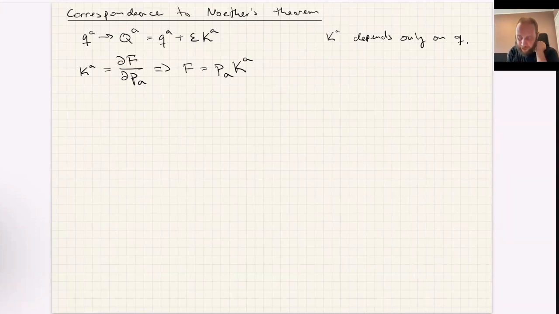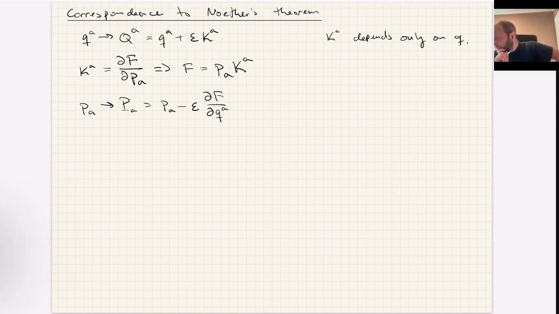Okay, so now I know that the function generating this is of this form. But this means that p_A is going to map to capital P_A, which is p_A minus epsilon df/dq^A. This is what we should have.